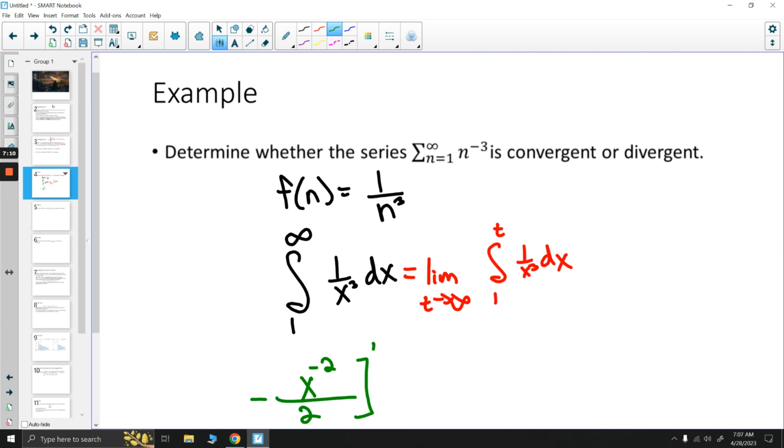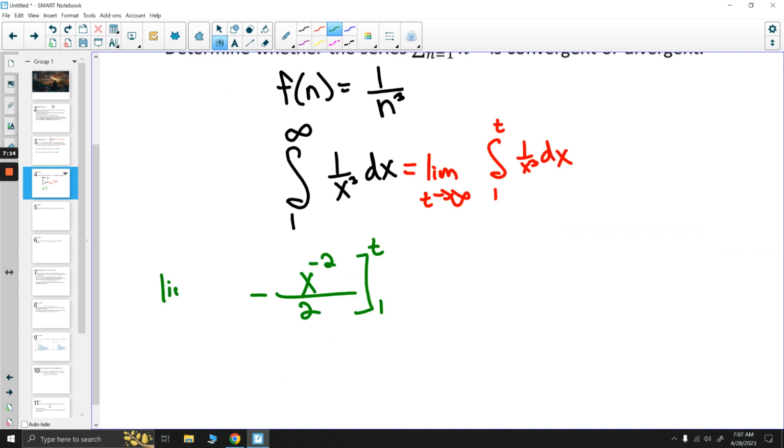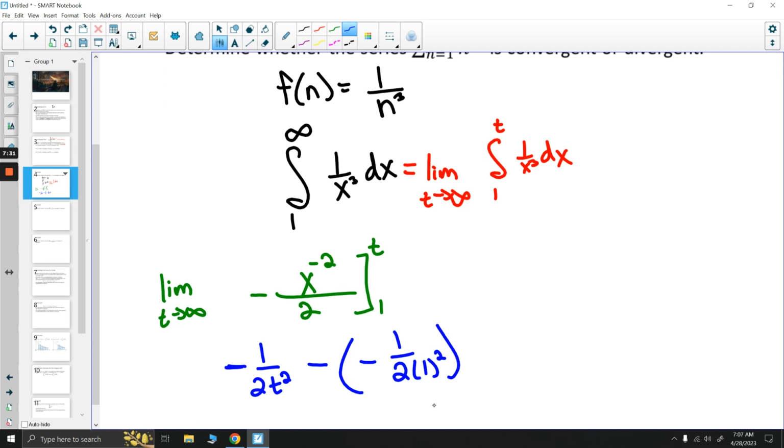We take this from 1 to t, and we say the limit as t approaches infinity. Plugging this in, we get negative 1 over 2t squared minus negative 1 over 2 times 1 squared, and we take the limit as t approaches infinity.